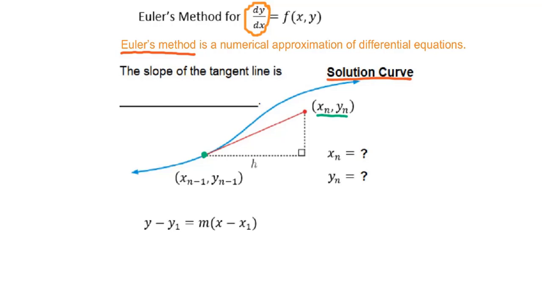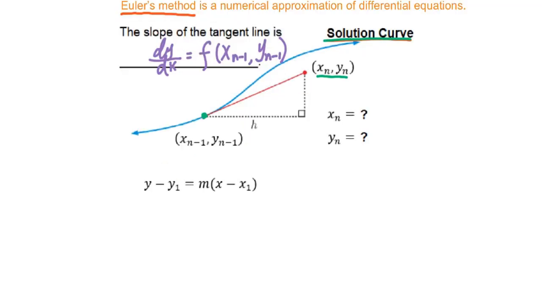Therefore, since this tangent line is passing through x sub n, y sub n on the solution curve, we can write down dy by dx equals f of x sub n minus 1 and y sub n minus 1.